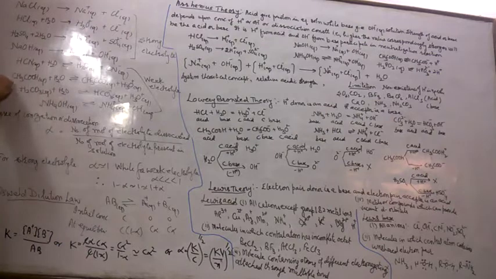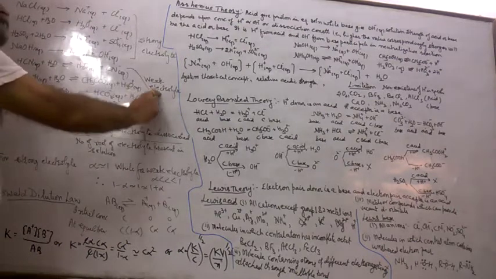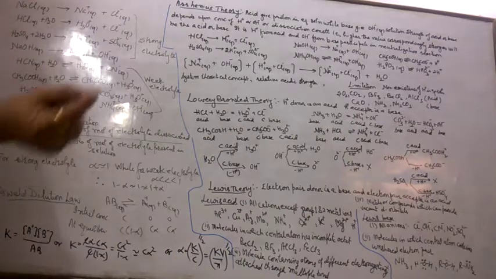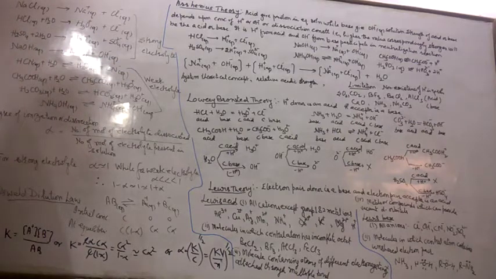But in this case, the ionization is very less, and we call it a weak electrolyte. A weak electrolyte ionizes very little. If we take 1 mole, it may be 0.01 mole, 0.2 mole, 0.02 mole that will ionize in aqueous solution.